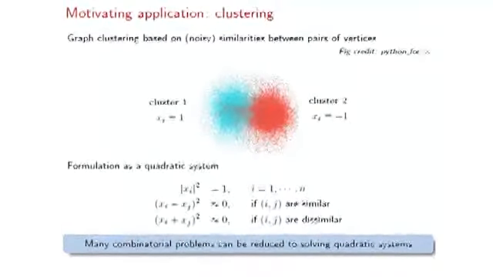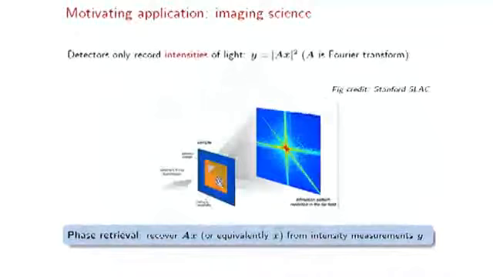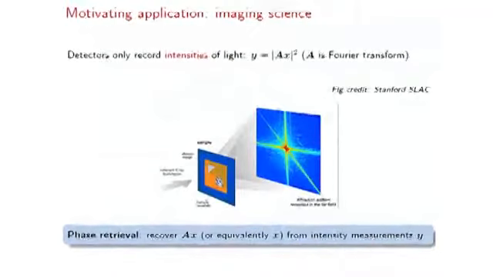In fact, in many combinatorial problems, we can always use some sort of quadratic constraints to encode some latent discrete variables. And moving from combinatorial optimization to physical sciences, this problem has found a lot of important applications, in particular in imaging applications. In many scenarios, the optical detectors or sensors are only able to record the intensities of a light with all the phase information lost because of the super high frequency of the light.